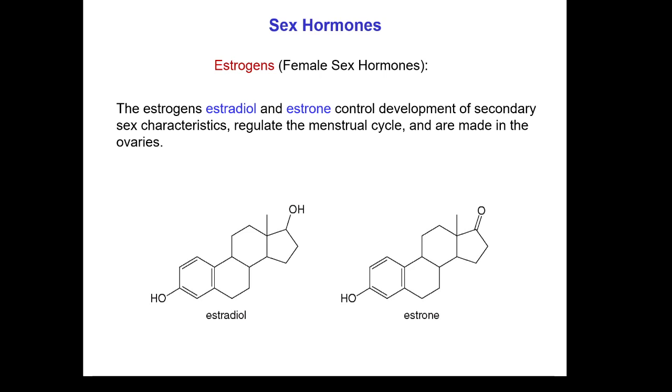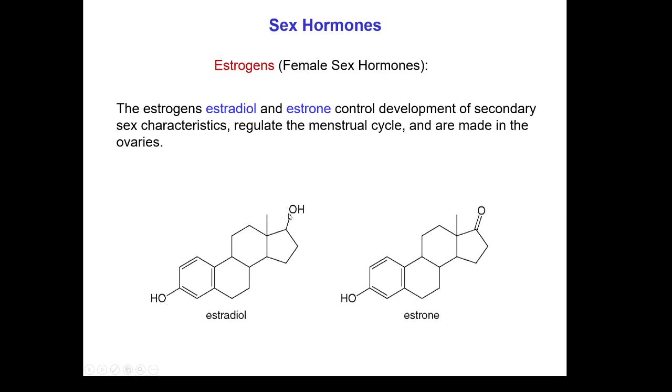There's two types of estrogen. There's the alcohol version, okay, and there's the ketone version. They both have the same structure except on, look, they both have the steroid 4-member ring, except this one has alternating double bonds this time. They both have an OH down here.